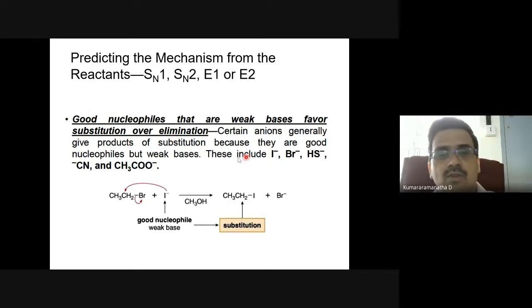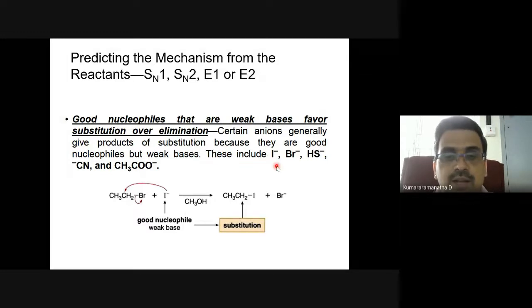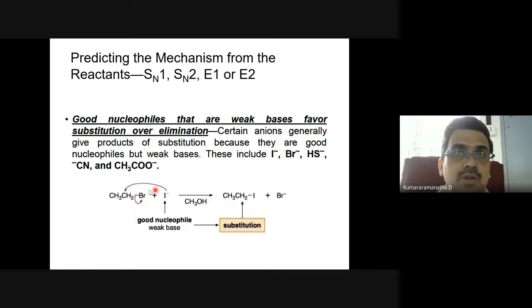Okay, so for example, if you look at these iodo-bromo compounds, thiol kind of groups, cyano groups, or acetate groups, these will form a substitution. So you can see this molecule is there, bromoethane, and you want to substitute iodine. So you get a substituted product because this is a weaker base, iodine group.